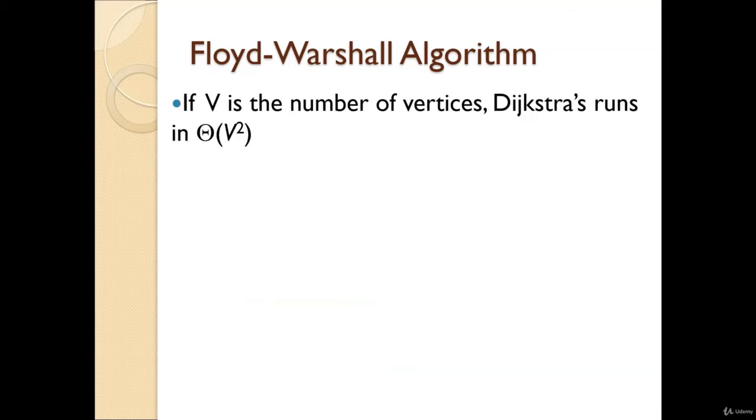Now, if V is the number of vertices, then Dijkstra runs in big O of V square. What is this? This is the time complexity. And what actually is Dijkstra's? Dijkstra's is another algorithm which also finds the shortest path between two nodes or two vertices.